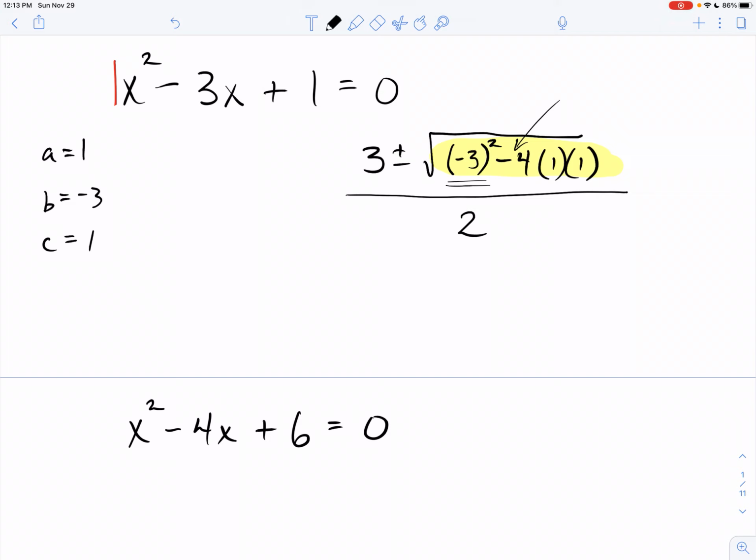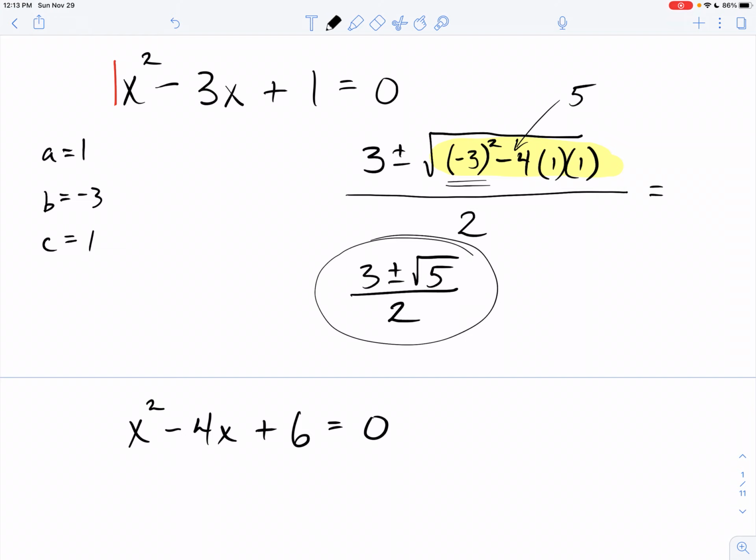But this number inside here, if you did it already, you should get 5. So what's my answer? It looks like it's 3 plus or minus the square root of 5 over 2. And if you look at that, you can't simplify 5, and you cannot reduce because there's nothing to reduce here. That would be your final answer in what we call simplest radical form.